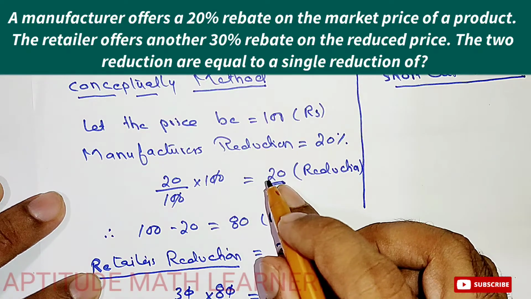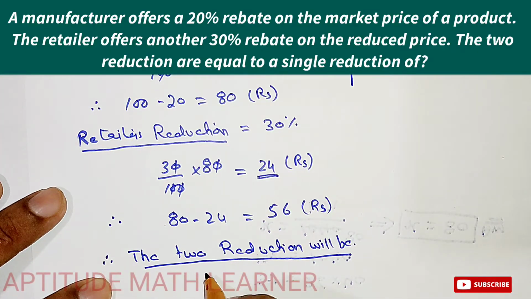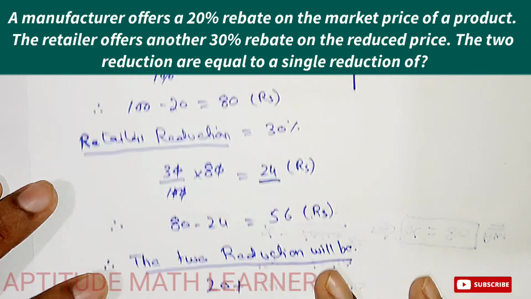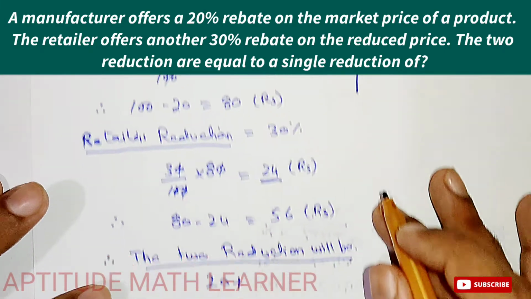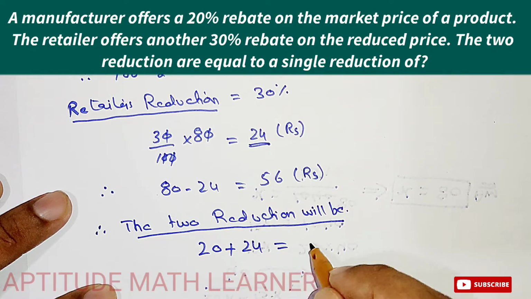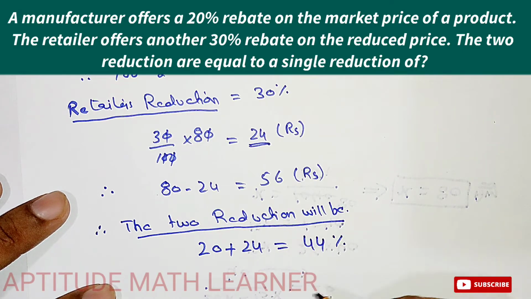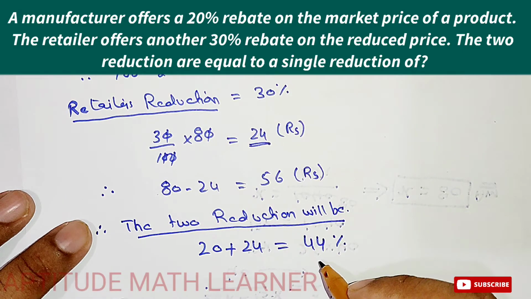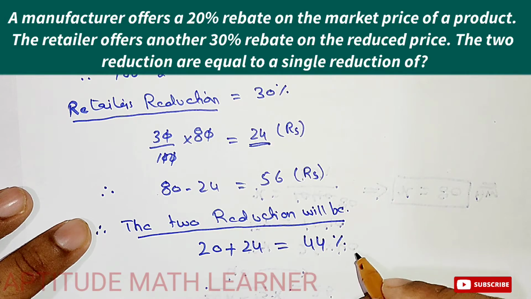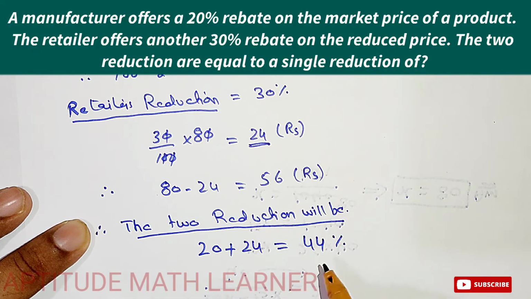One is 20, that is 20% by the manufacturer, plus 24 rupees by the retailer, so this becomes 44%. This is asked in percentage, so 44% is the single reduction equal to the two reductions. So this is our answer.